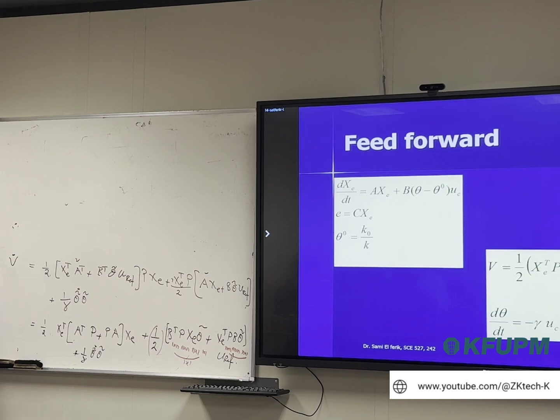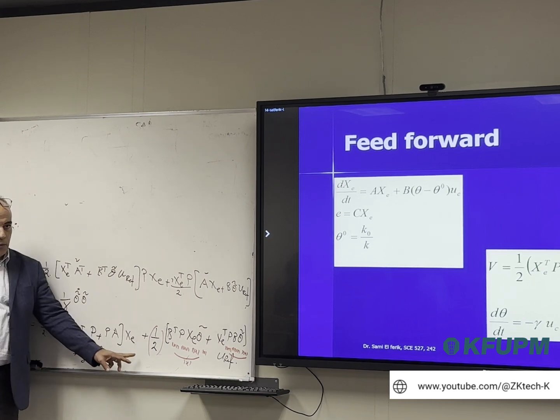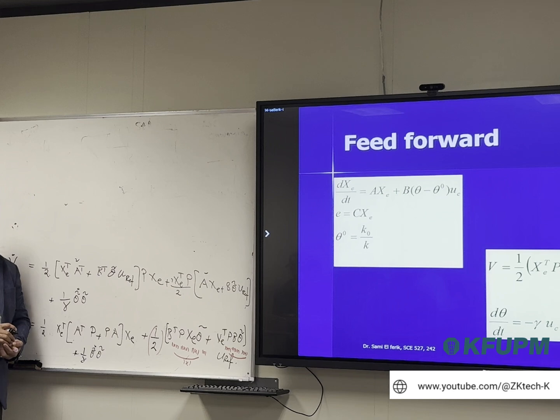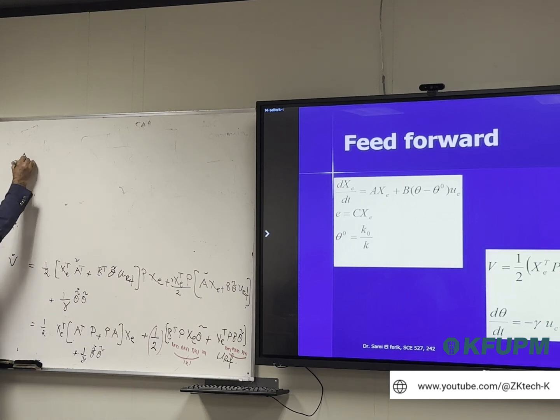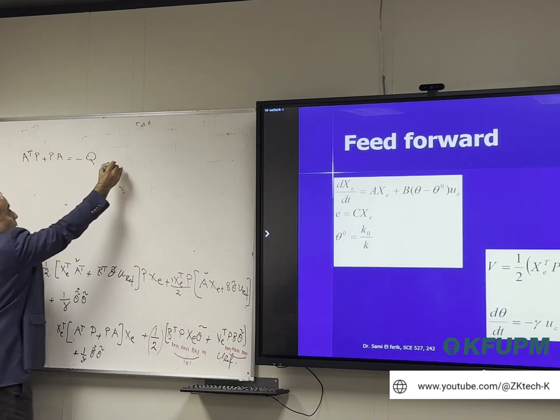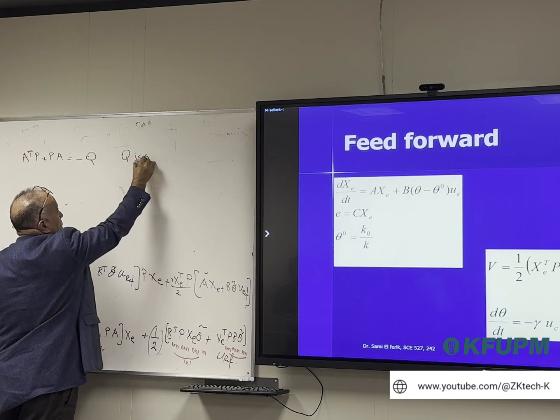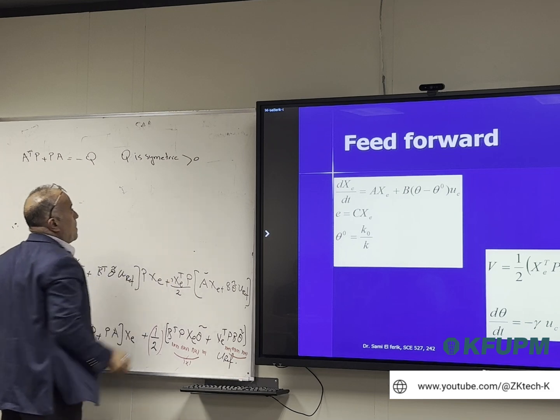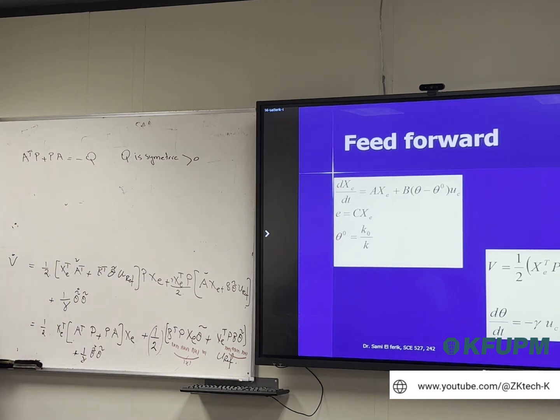Since this is a quadratic term, it may be sufficient to have A transpose P plus P times A negative, giving me something negative definite, minus Q. So one way to do it is to have A transpose P plus P multiplied by A equal to minus Q, and Q is symmetric, positive definite. Yes. So this is one of the conditions.